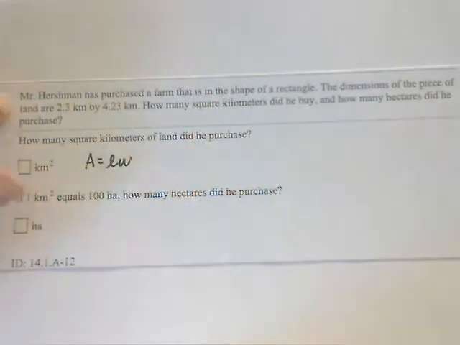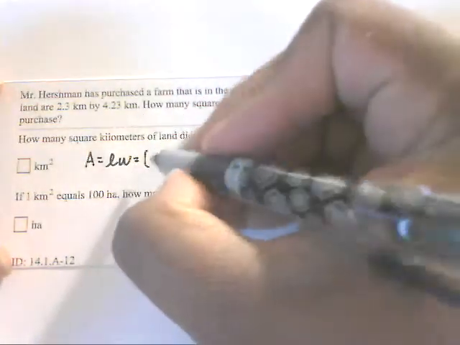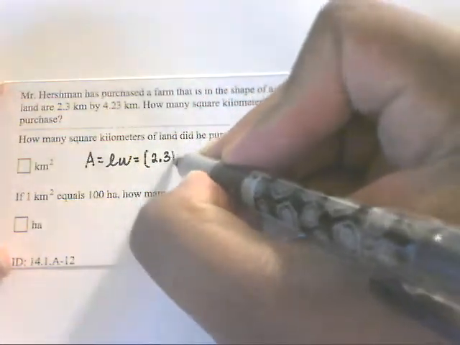Okay, so here we're going to find out what that is in square kilometers. So here, the area is going to be, it is a rectangle, so we use the formula for the area of the rectangle, length times width, because the farm is in the shape of a rectangle. Okay, and we know what the dimensions are. That's 2.3 kilometers.